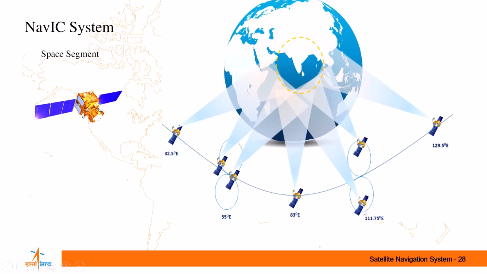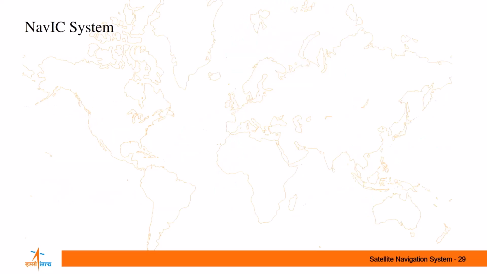These are providing the services in the Indian region, and they are devised in such a way that they provide good dilution of precision at all times in the Indian region with the help of a minimum number of satellites. The design has been prepared in such a way that for most of the time all the satellites are visible in the Indian region. That is the advantage with the geostationary and geosynchronous orbits which are being used for the NAVIC system.